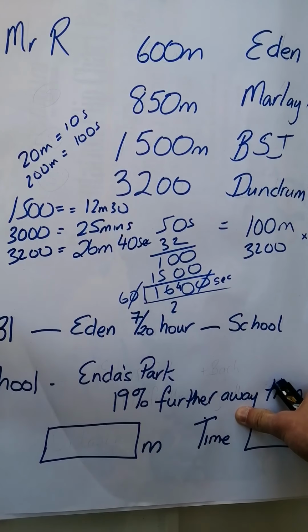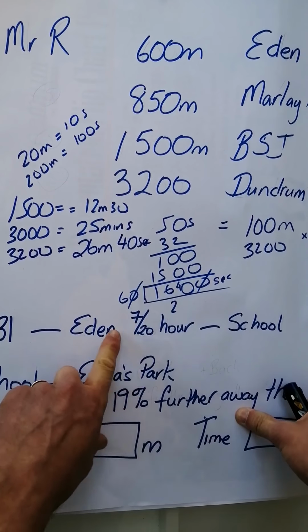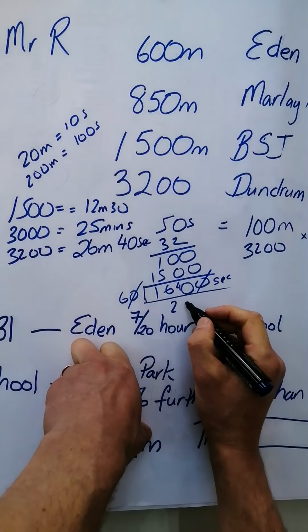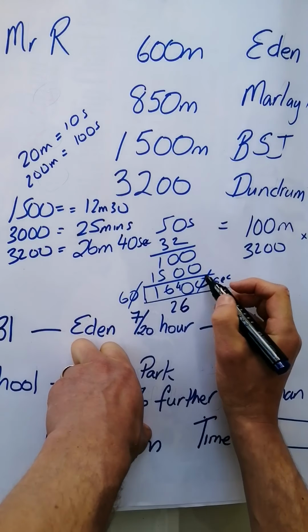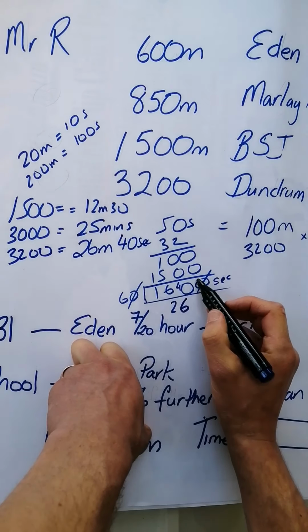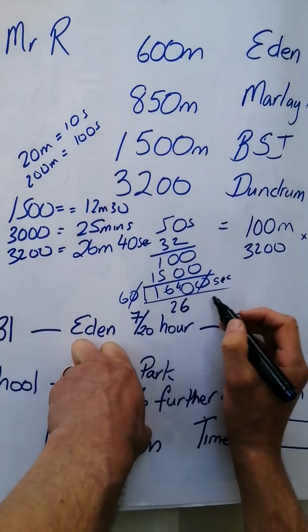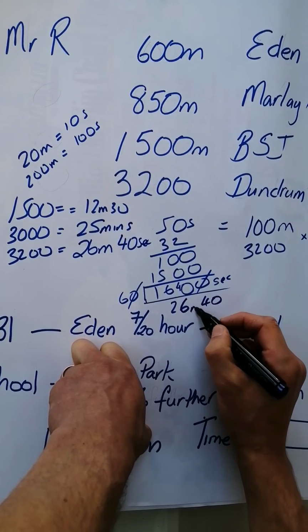Now there are lots of ways to do it. Would it work this way if I checked? Actually, yeah, that goes in 6 times. And I've got the 4 left over, which is actually just 40 seconds.